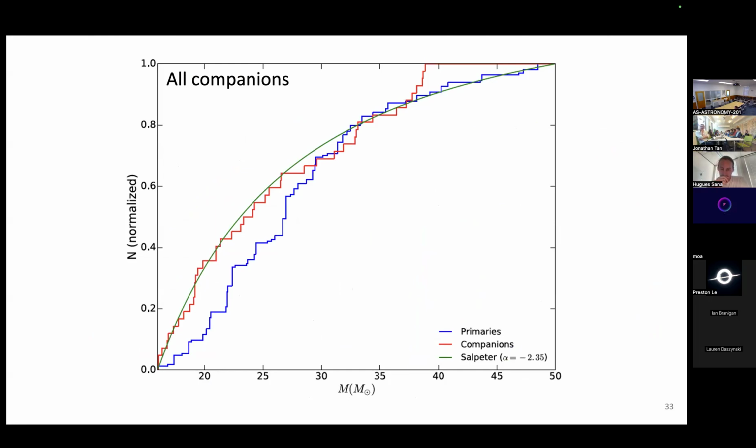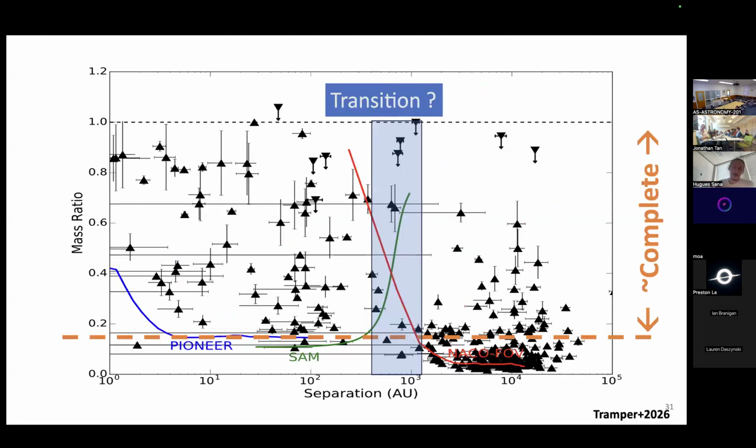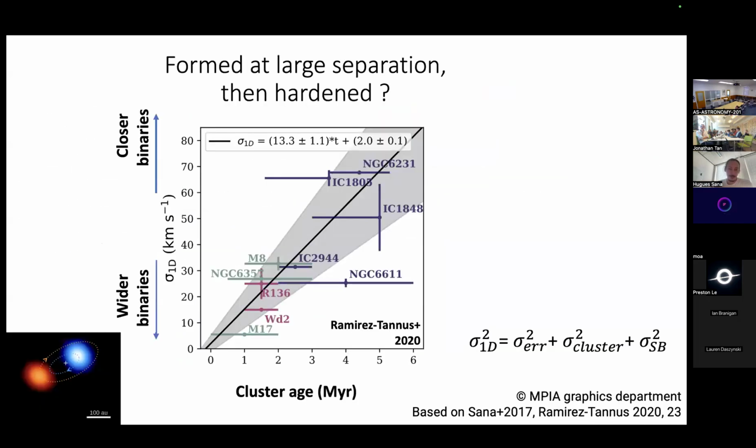And you're saying that doesn't depend on the mass of the primary? For the massive stars, it seems not. We have the same results for a sample of stars that is 10 solar mass and a sample that is 30 solar mass. Is there a peak at 30 AU, or is there a characteristic scale, or has that gone away?